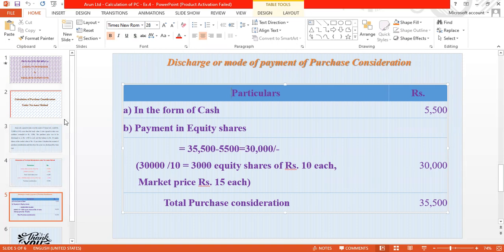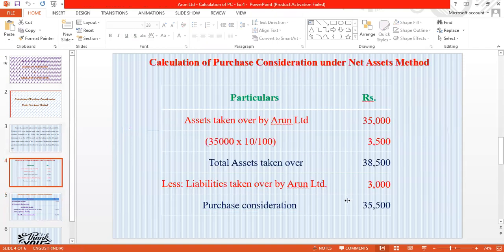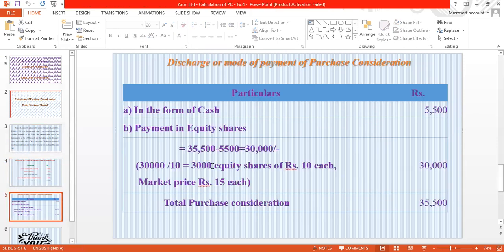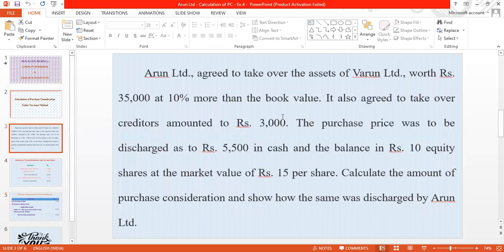Total purchase consideration value, how much? 35,500, right? This is the purchase price. The purchase price was to be discharged as to rupees 5,500 in cash and the balance in rupees 10 equity shares at the market value of rupees 15 per share.